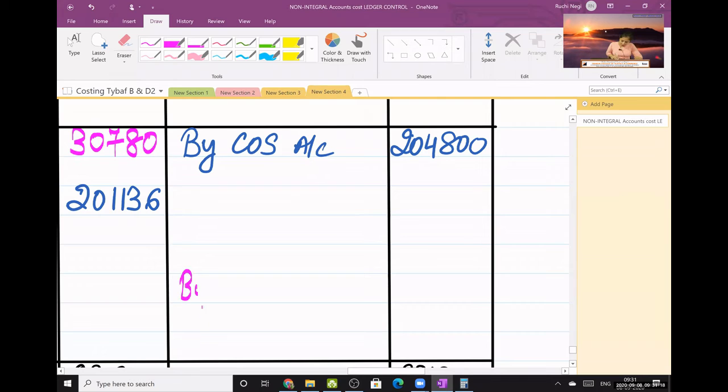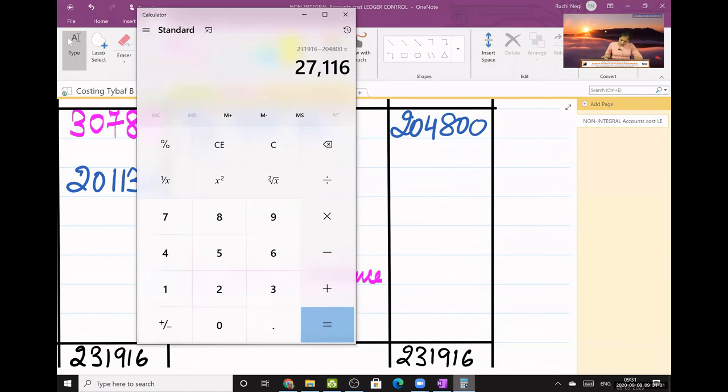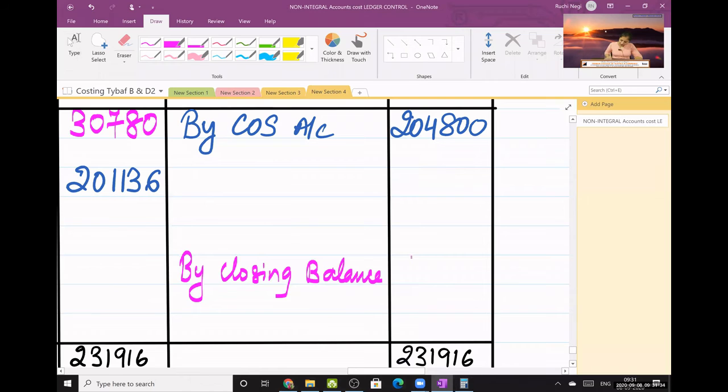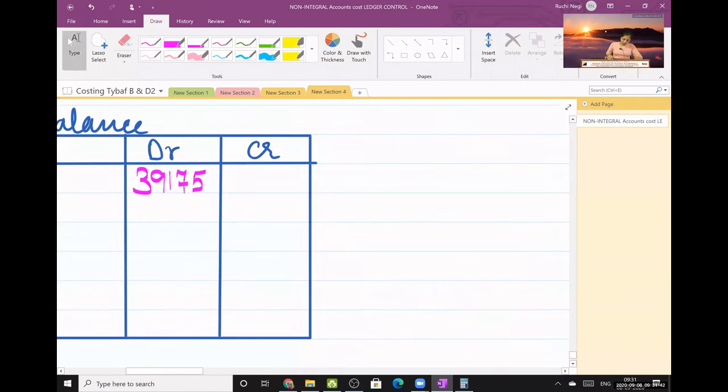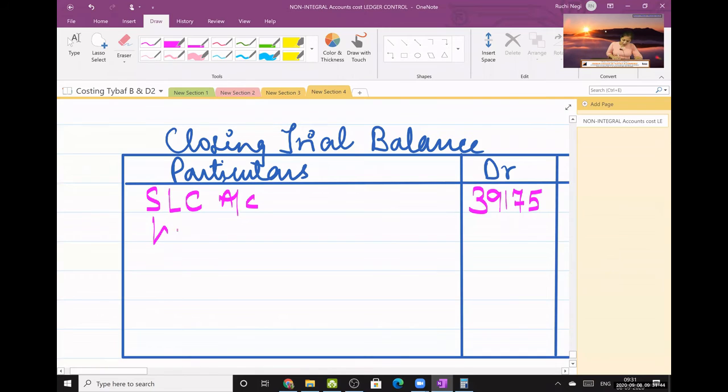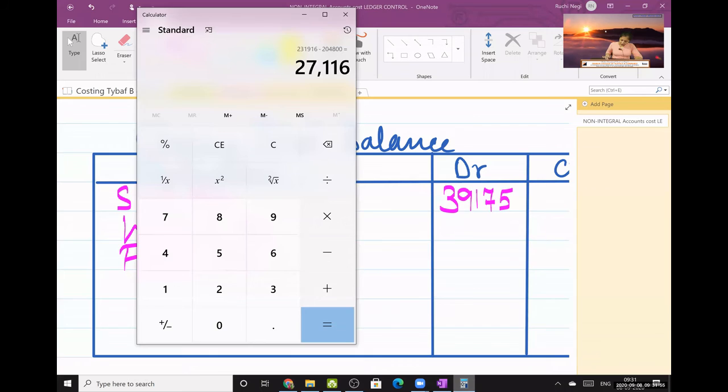Divided by closing balance. Now students, give your attendance in the chat box. We have the last 10 minutes. And do pay attention to the screen. 27,116. Right here. 27,116. Second effect, obviously, trial balance, closing trial balance. 27,116.